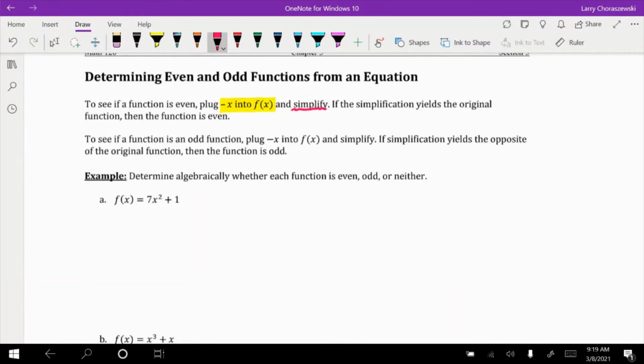If the simplification yields the original function, then the function is even. So if we plug negative x into f of x and it looks like nothing has changed after we simplify, then that would be an example of an even function. To see if a function is odd, we again plug negative x into the function and simplify. And this time, if the simplification yields the opposite of the original function, then the function is odd.